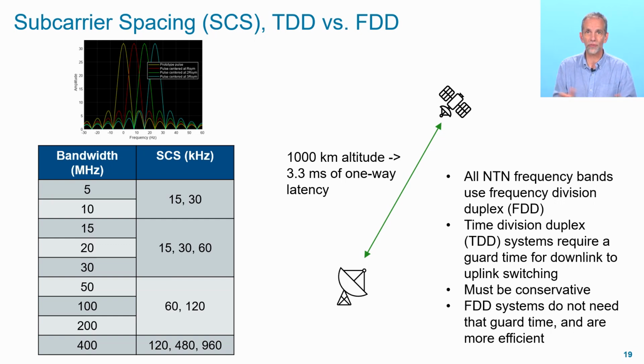FDD systems do not introduce that inefficiency, so they are preferred, at least today, for NTN links. Now the downside, of course, to the FDD is that the channel reciprocity between uplink and downlink does not exist. So that brings other difficulties, but at least for the guard time and efficiency characterizations, the FDD is preferred for NTNs.